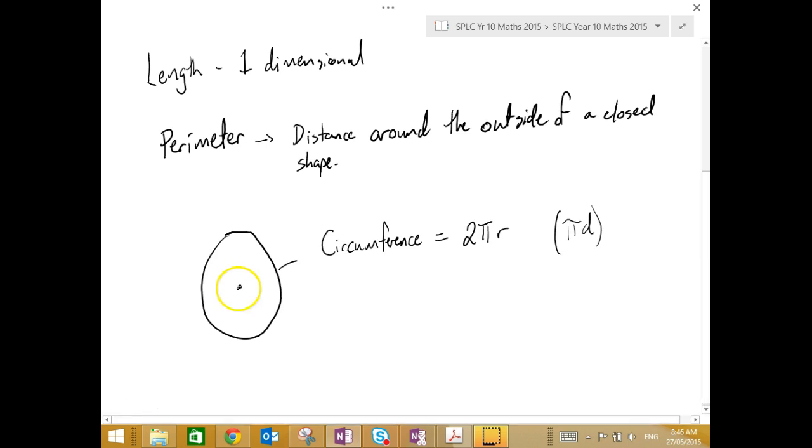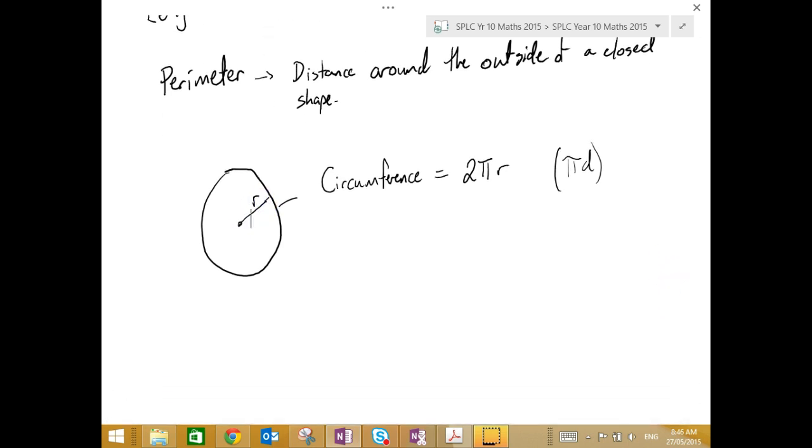But basically, if you have the radius, you can find the circumference by multiplying by 2 pi. The only tricky shape, apart from having lots of straight edges added together, is a sector. This bit right there is called an arc length.